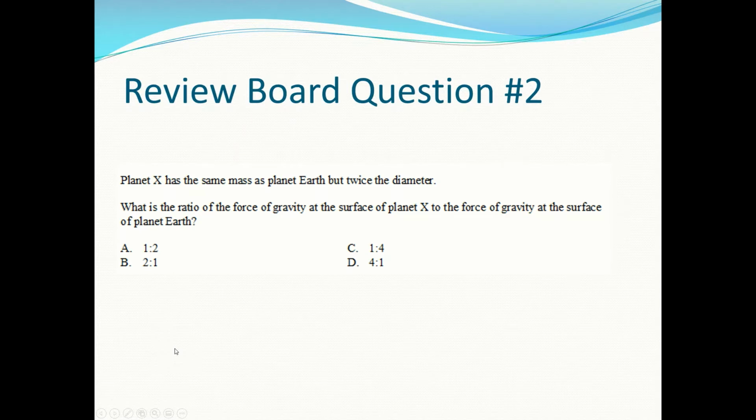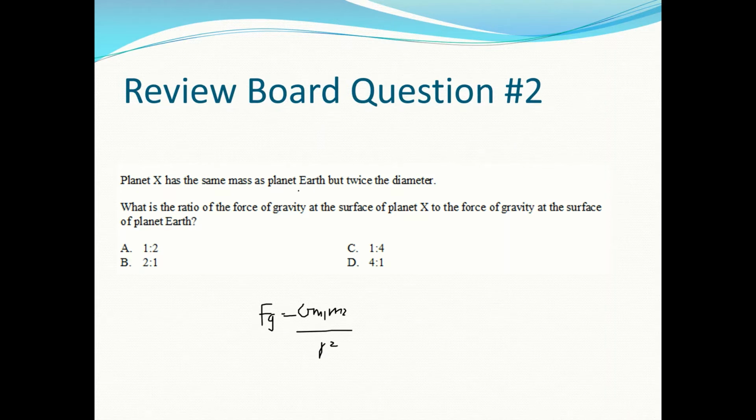Planet X has the same mass as Earth, but twice the diameter. What is the ratio of force of gravity between X and the force of gravity between planet Earth? Okay, so we can use Fg equals G m1 m2 all over r squared, right?